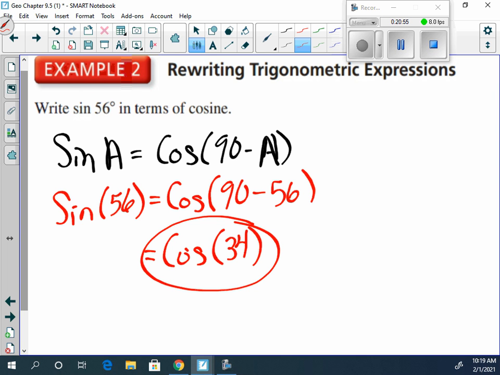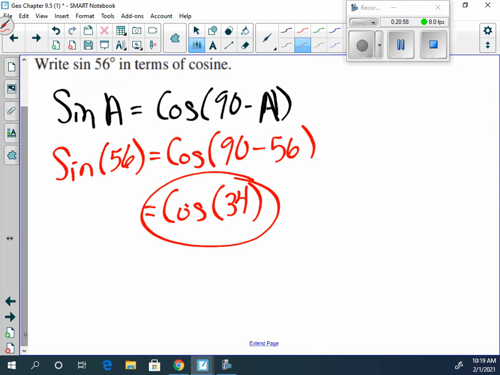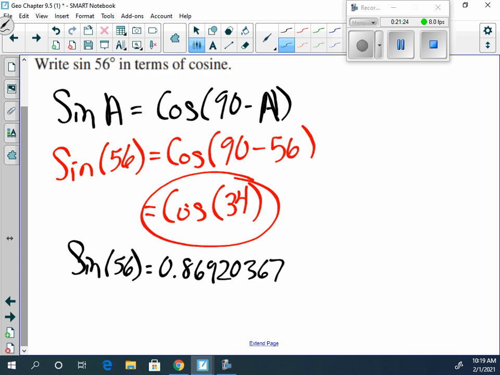Well, you don't have to take my word for it. You have the calculator in front of you, yes? You know where the sine, cosine, and tangent buttons are, yes? In the calculator, type sine and then 56 and see what it gives you. And it just keeps going, yes?